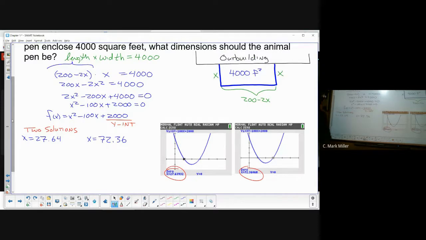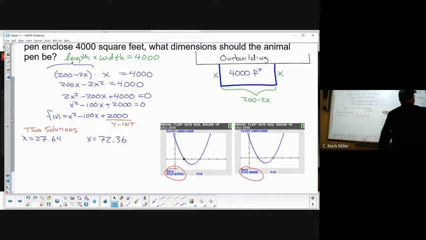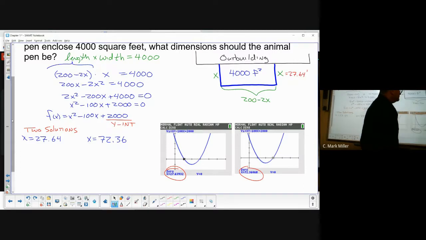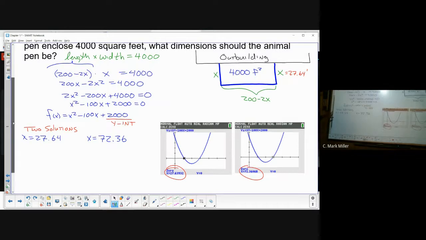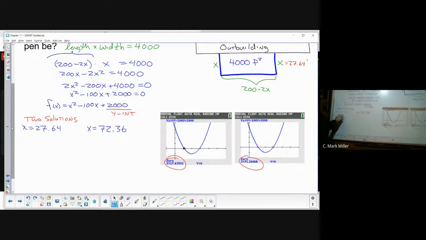One of them is if I come out 27.64 feet, that gives me one dimension of a pin. So that will be what I called here the width, right? The length is what's it going to be? 200 minus 2x. That's the width.